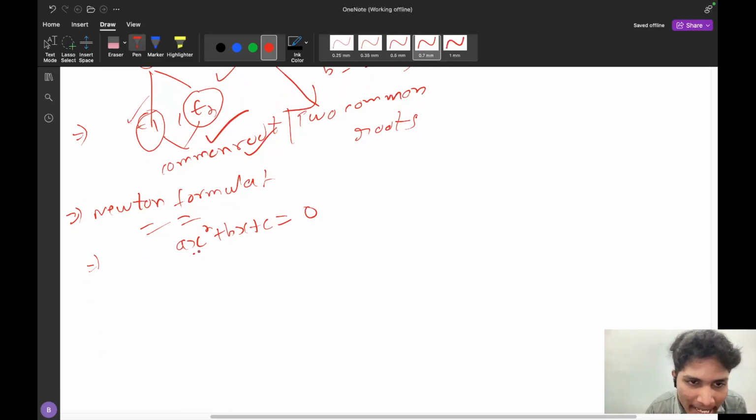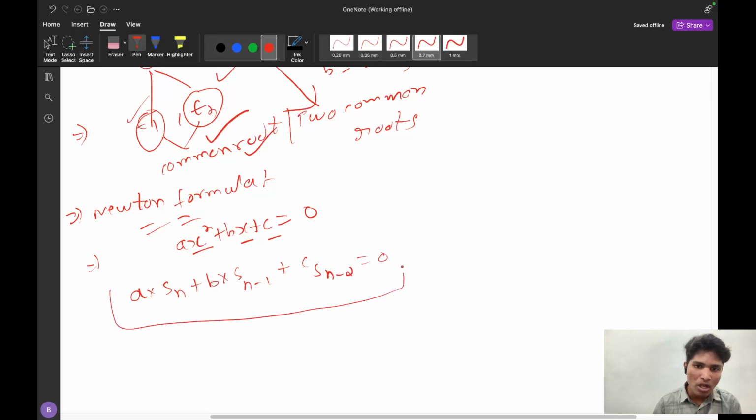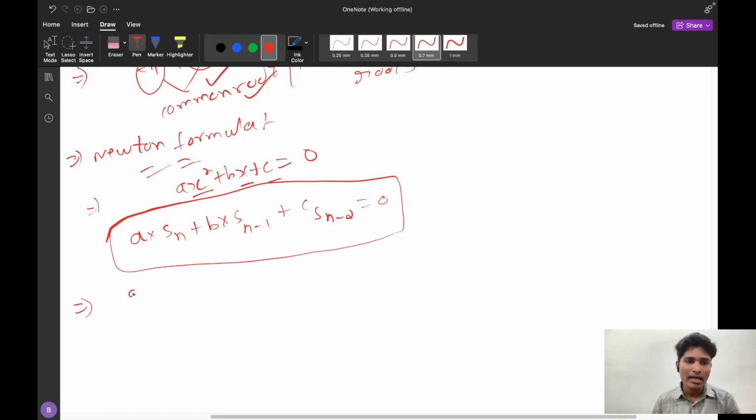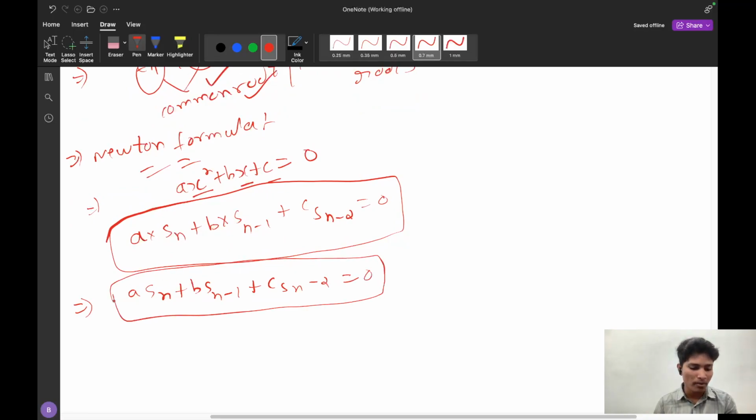I can replace x square, x and c with the help of Newton formula. a Sn plus b Sn minus 1 plus c Sn minus 2 is equal to 0. This is the Newton formula you have to understand. With the help of an example, I can make you understand. This is the Newton formula.